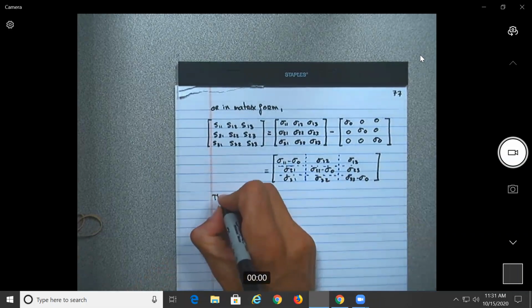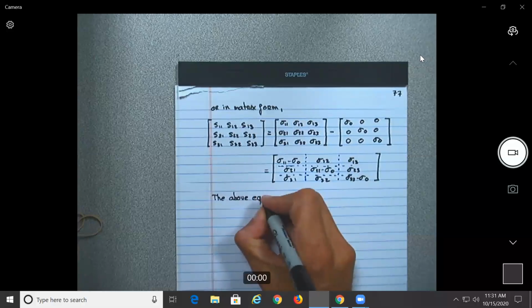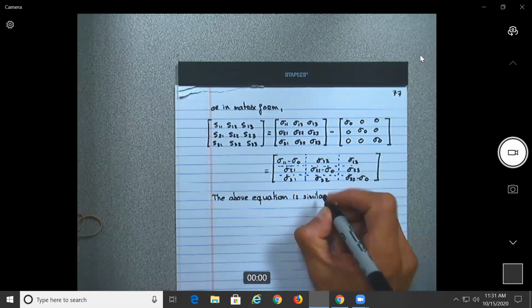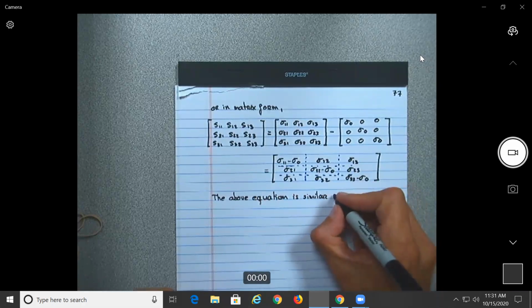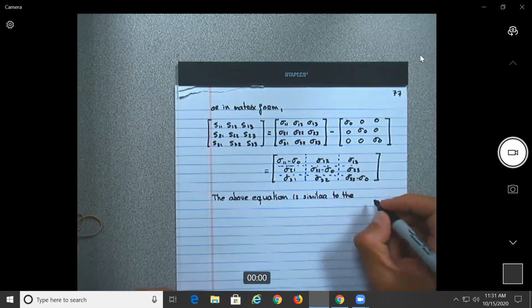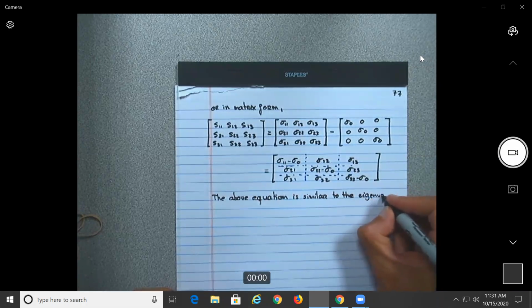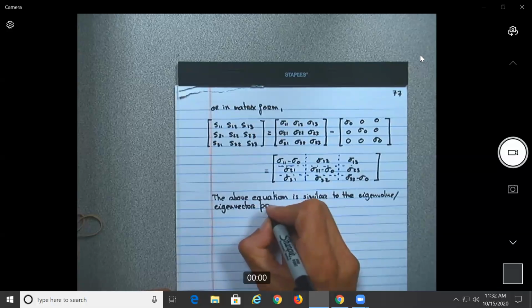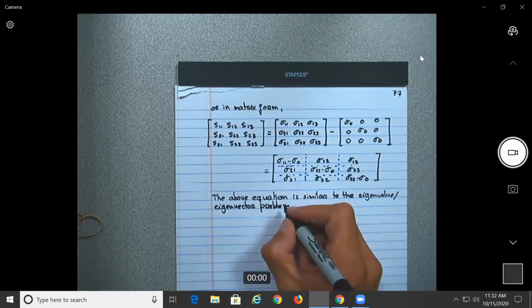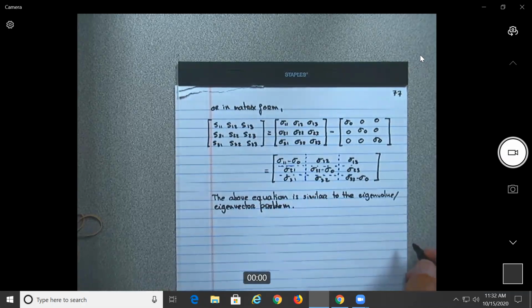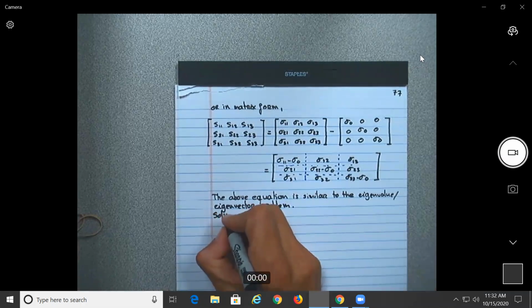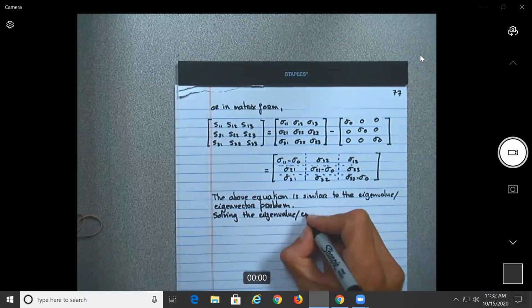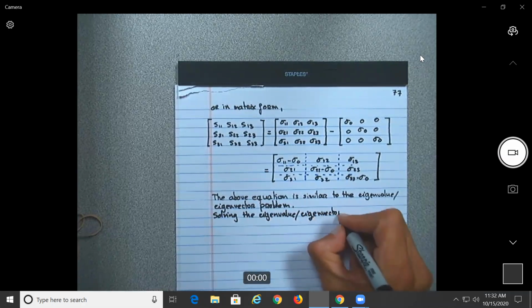So the above equation is similar to the eigenvalue eigenvector problem.